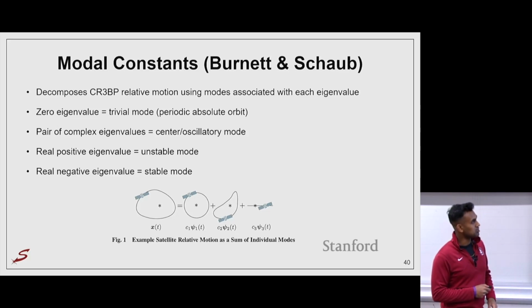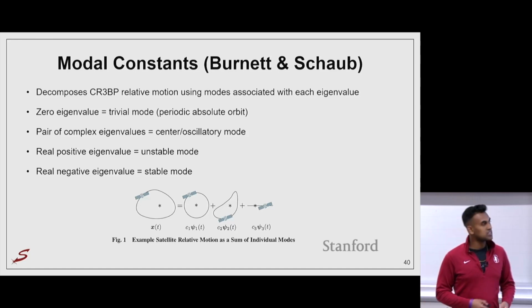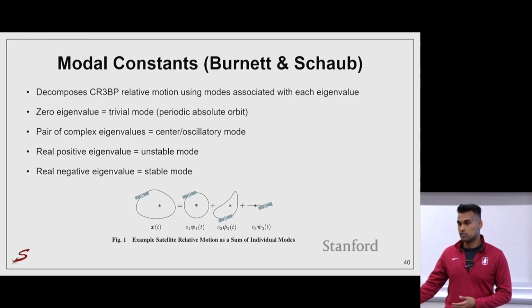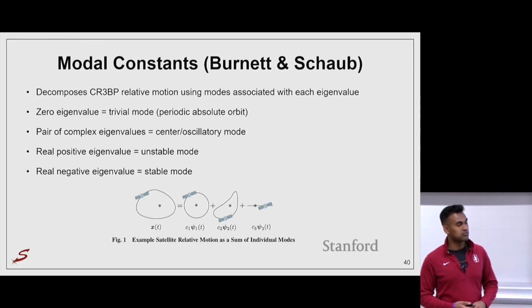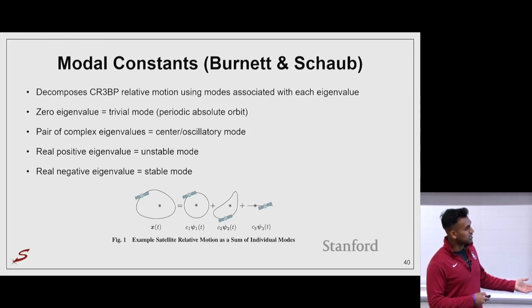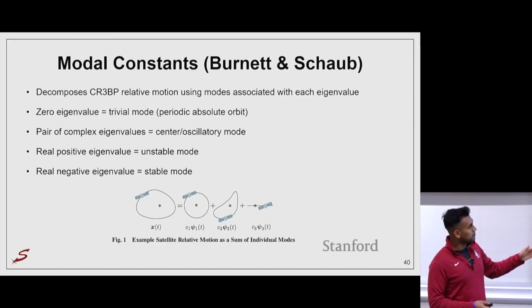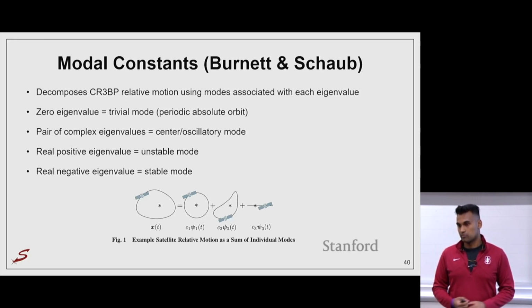They could be a pair of complex eigenvalues that correspond to a center or oscillatory mode. There could be a real positive eigenvalue, an unstable mode associated with the unstable invariant manifold. Or there could be a real negative eigenvalue, a stable mode that drives the motion towards the periodic orbit, corresponding to your stable manifold.